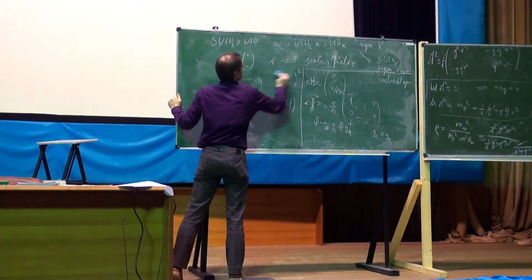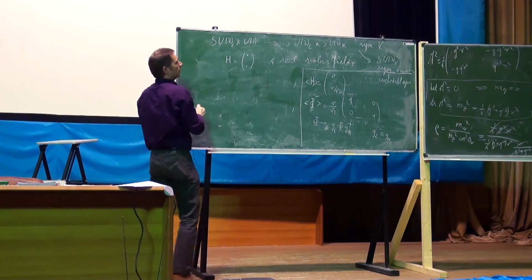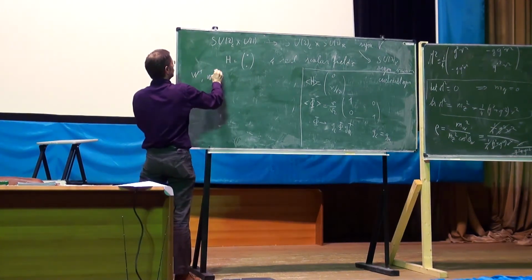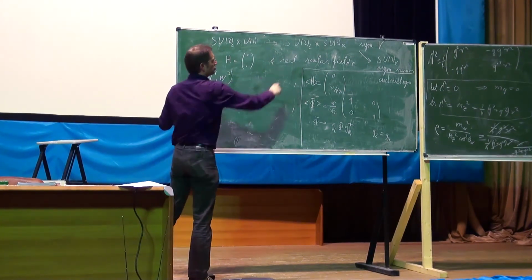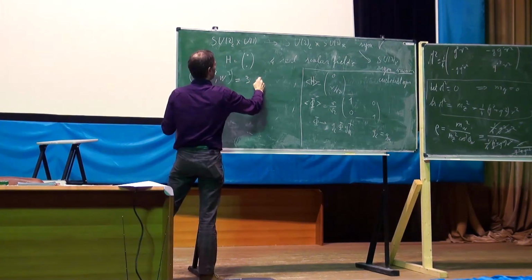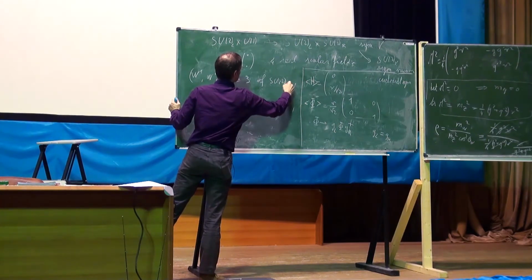And then the consequence of this symmetry is that the W1, W2, and W3 in the vacuum should form a triplet of this SU2 symmetry. It should be a triplet of SU2 custodial, or SU2 diagonal, or vectorial, or whatever.